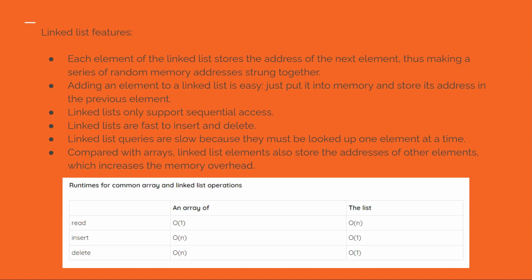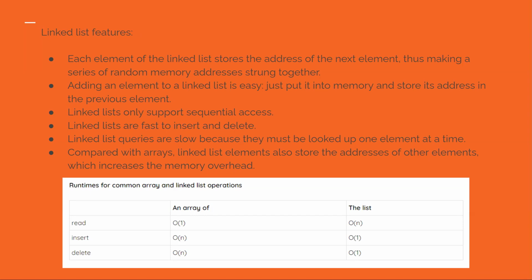Adding an element to a linked list is easy. Just put it into memory and store its address in the previous element. Linked lists only support sequential access. Linked lists are fast to insert and delete.